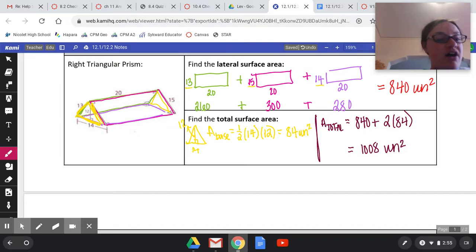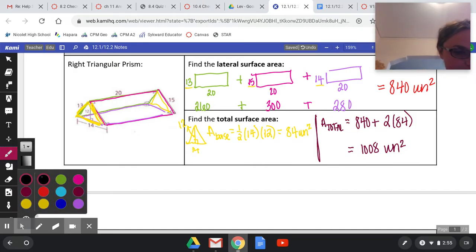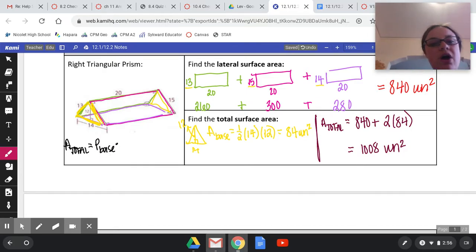the surface area of a prism is, you can also say, okay, the total surface area is equal to the perimeter of your base times, I'm going to call this 20 that we see in all of these.